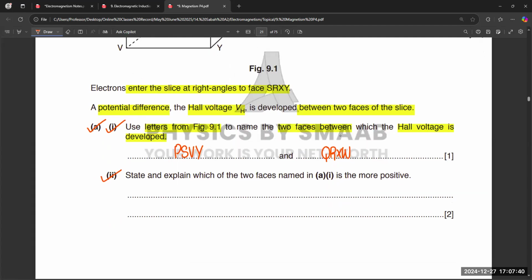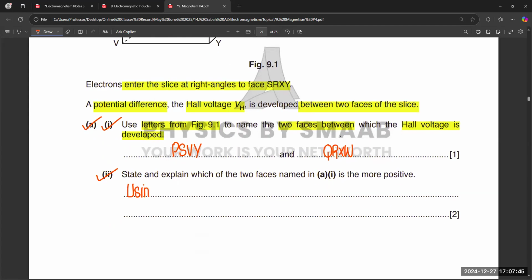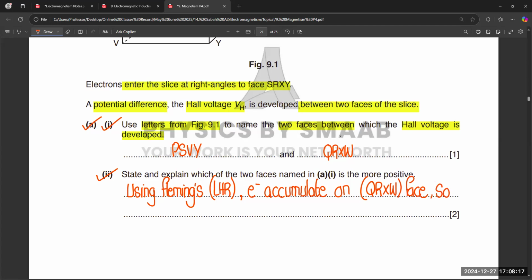They are asking to state and explain, so we also need to explain using Fleming's left hand rule. We deciphered that. It must be more positive.